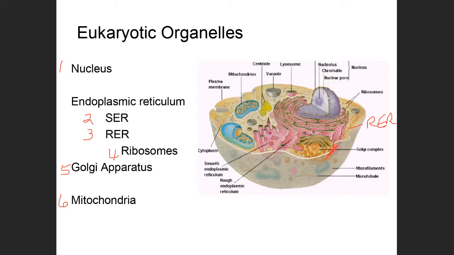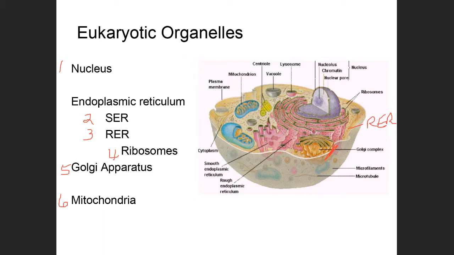Once they come out of the end of the Golgi apparatus, vesicles carry the proteins to other parts of the cell that need them, or they're shuttled outside to be removed because they're not needed.